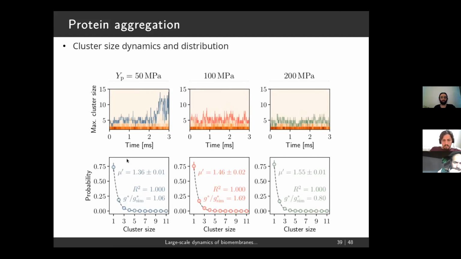On the bottom, you see a fit of the probability distribution that we derived based on this kinetic aggregation theory, fitted to the distribution of cluster sizes obtained from the simulation. There is a very good fit, so that's a good model for this case.